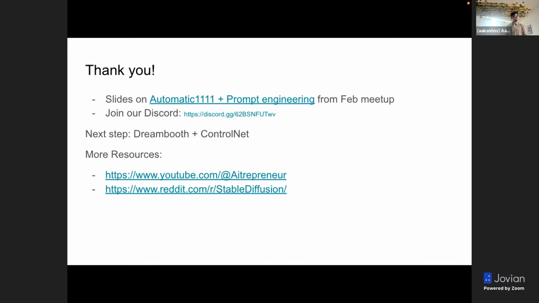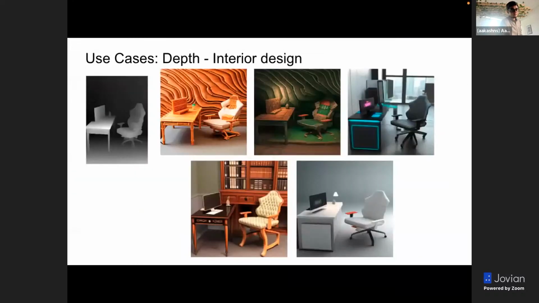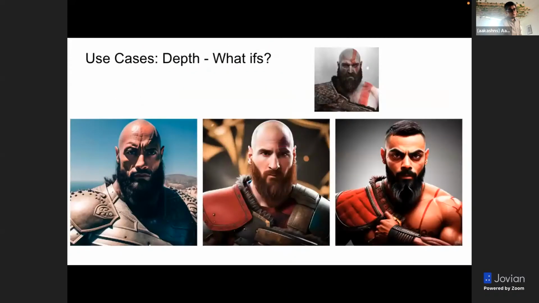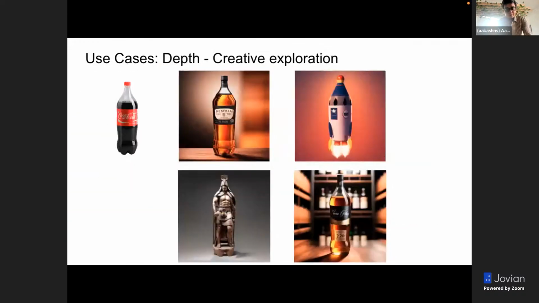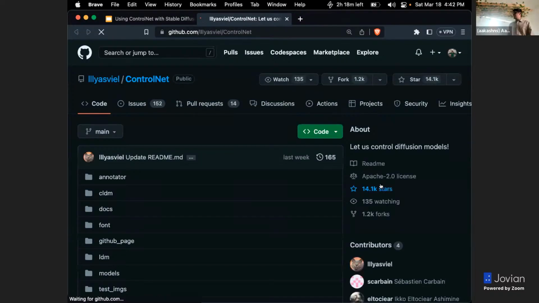So, question number 8. When Stable Diffusion was trained, was it trained on depth images? So Stable Diffusion 2, yes, but Stable Diffusion 1.5, the way it works is the basic add-on model which does the magic here is ControlNet.